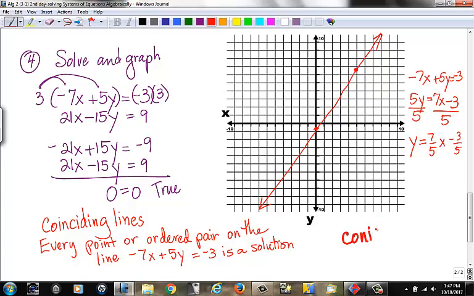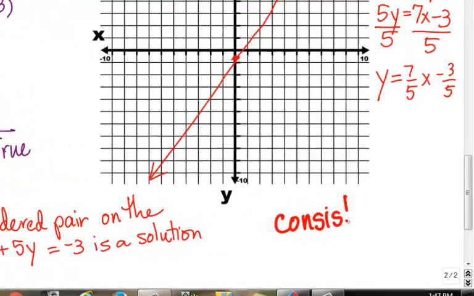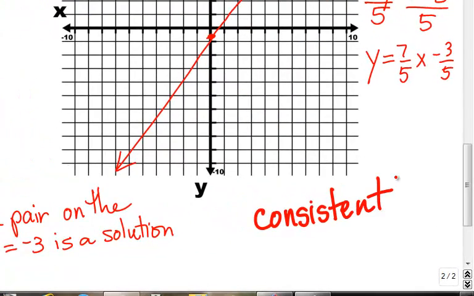So this one is consistent. Dependent or independent? Dependent. One line lies right on top of the other one. It depends on the other one. So they are dependent. Okay?